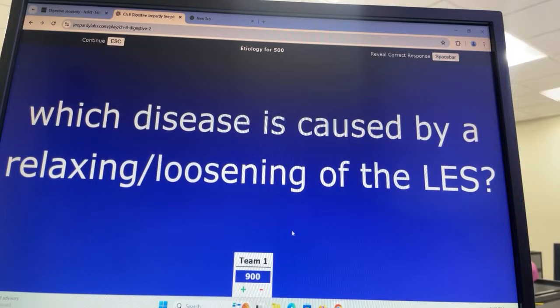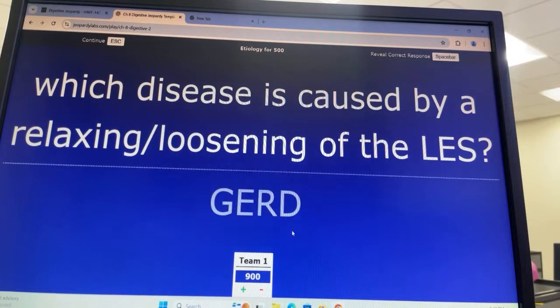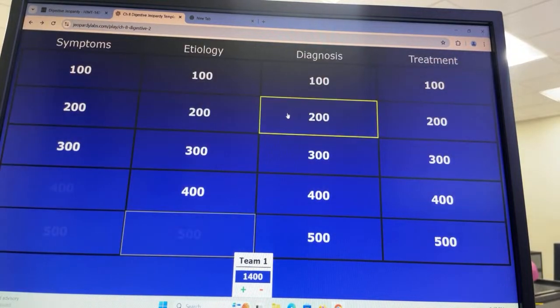GERD, yep. So remember that the loosening of that sphincter is what allows that stomach acid to reflux back up into the esophagus.